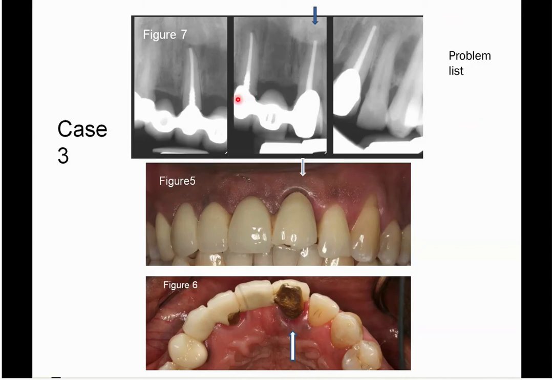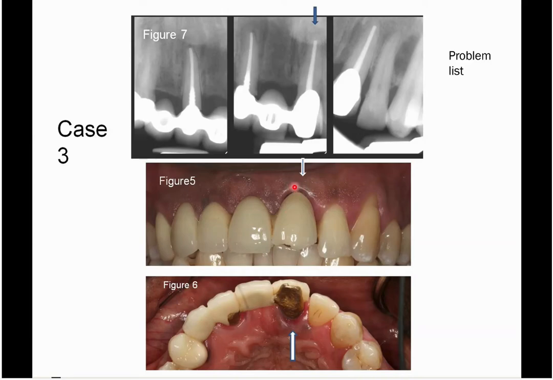Well, it looks like, if I were to list a problem list, we have gingival recession, uneven gingival zeniths, and it looks like this patient actually chipped this restoration. And then there's a reaction around the lingual aspect, and I think it could be due to the proximity of this crown margin under the gingiva, and now it's recessed.